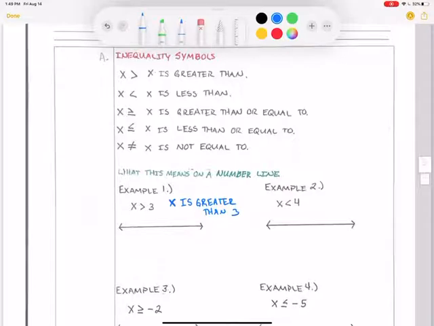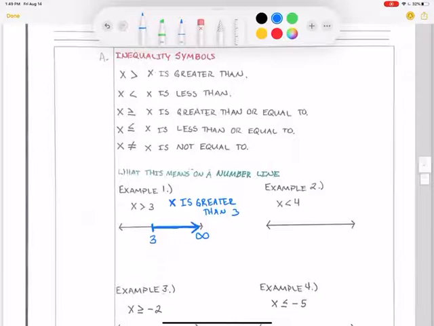So if I put 3 on this number line, I know that x is anything that is larger than 3. Anything that's larger than 3 is going to be represented by anything that goes to the right of 3, going all the way from 3 to positive infinity.